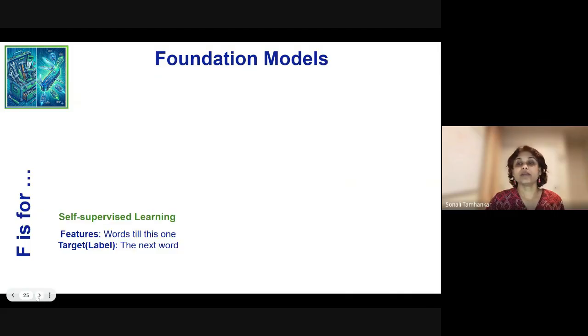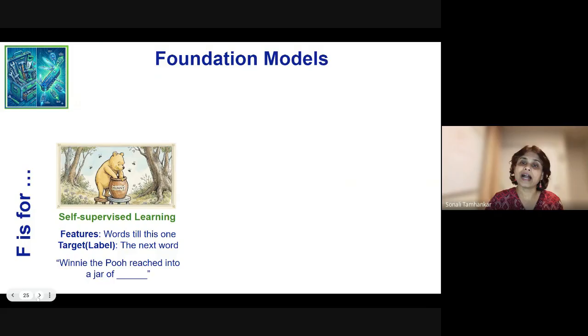How? The brilliant solution is to use self-supervision. Just ask the model to predict the next word based on all the words it already saw. So, if you provide the text, Winnie the Pooh reached into a jar of, and ask the model to predict the next word, we don't label the data, the data labels itself.